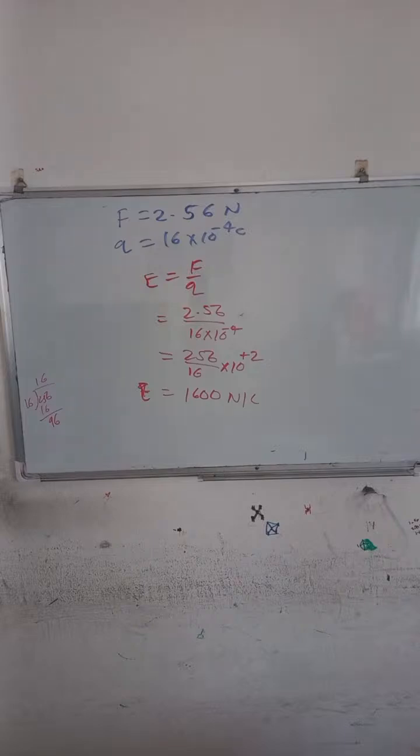If the electric field at a distance 20 centimeter from the center of the sphere is 1.2 into 10 raised to 3 Newton per coulomb and points radially inward, the net charge on the sphere is, write down the first option, minus 4.5 into 10 raised to minus 9 coulomb.